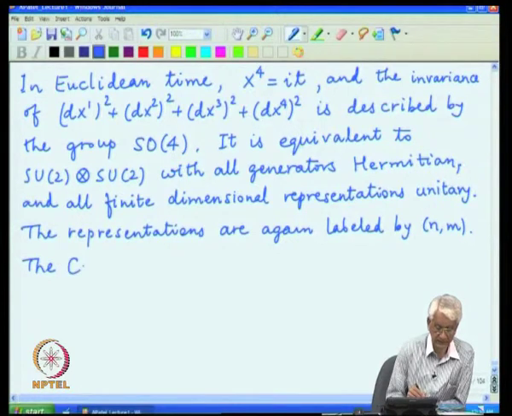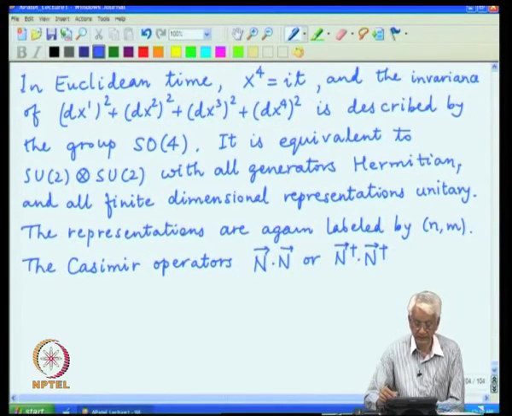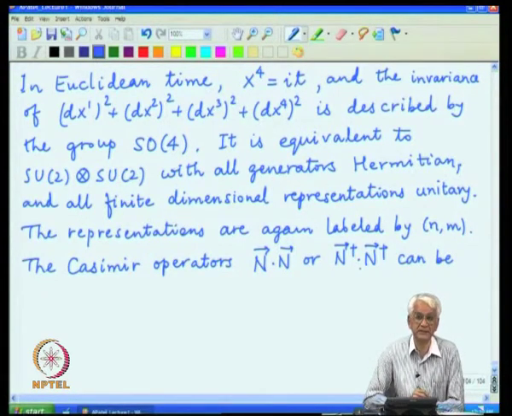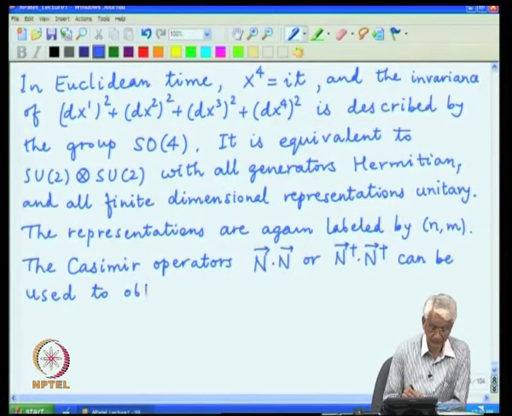These are the so called Casimir operators, n dotted with n or n dagger dotted with n dagger, and one can evaluate the eigenvalues of these operators as well to find out what are the values of n and m in a specific representation, and we know what these values are.